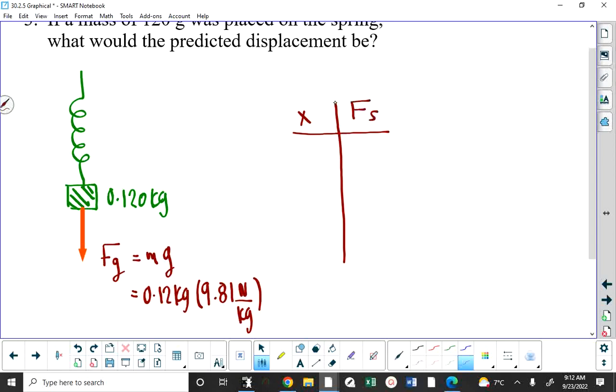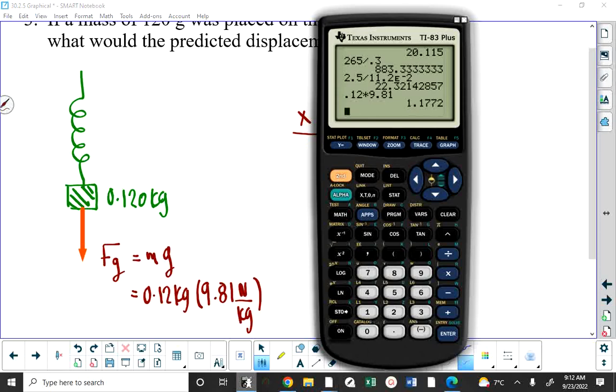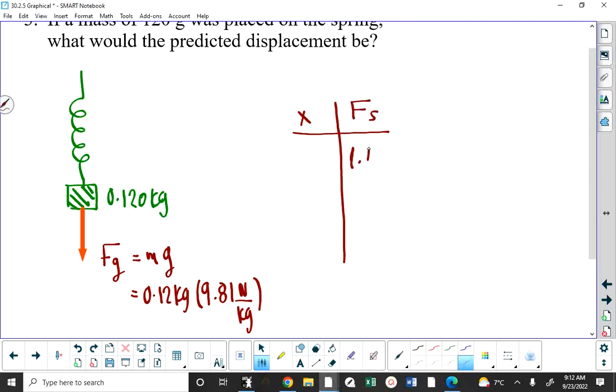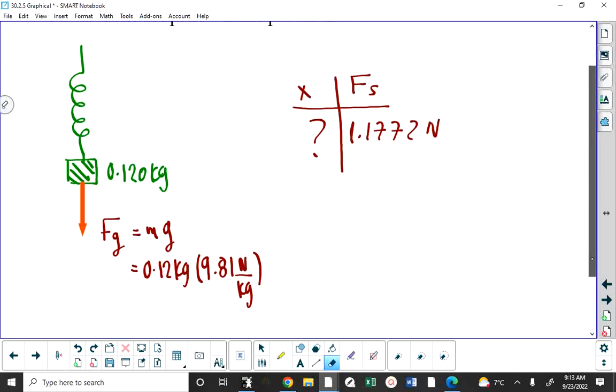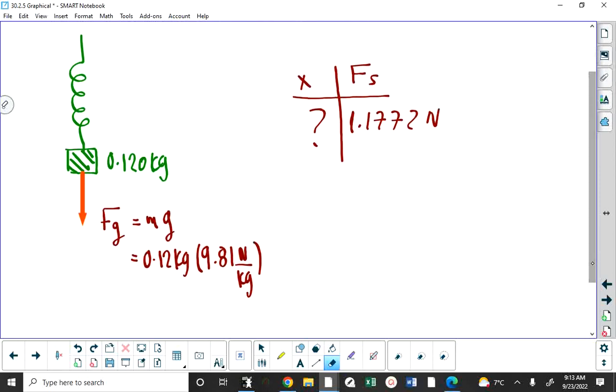So what we are dealing with here in this question, everybody, is if the force on the spring is 1.1772 newtons, what's its displacement? Okay. And here's where you will get it wrong if all you do is rely on the formula and not on the experiment. Because if you rely on the formula, so just hang back on writing anything just yet.